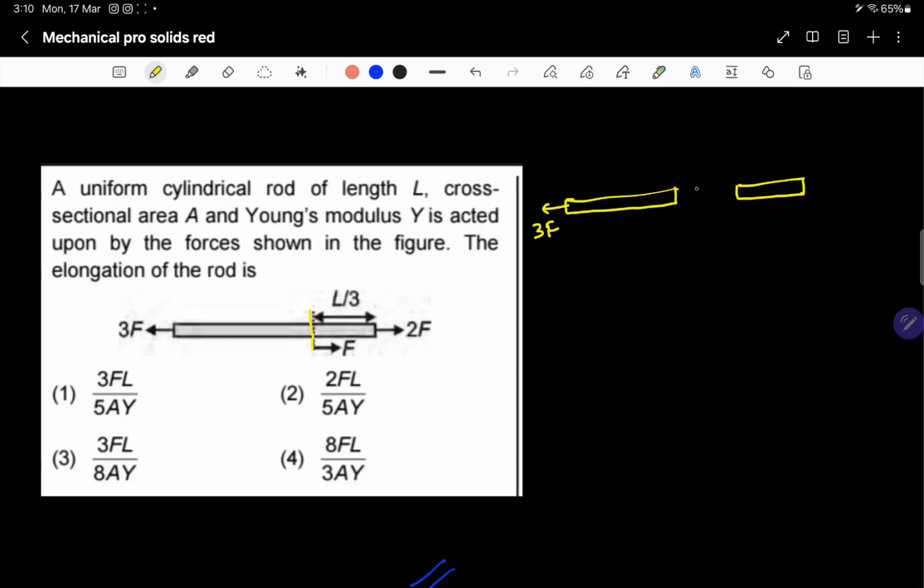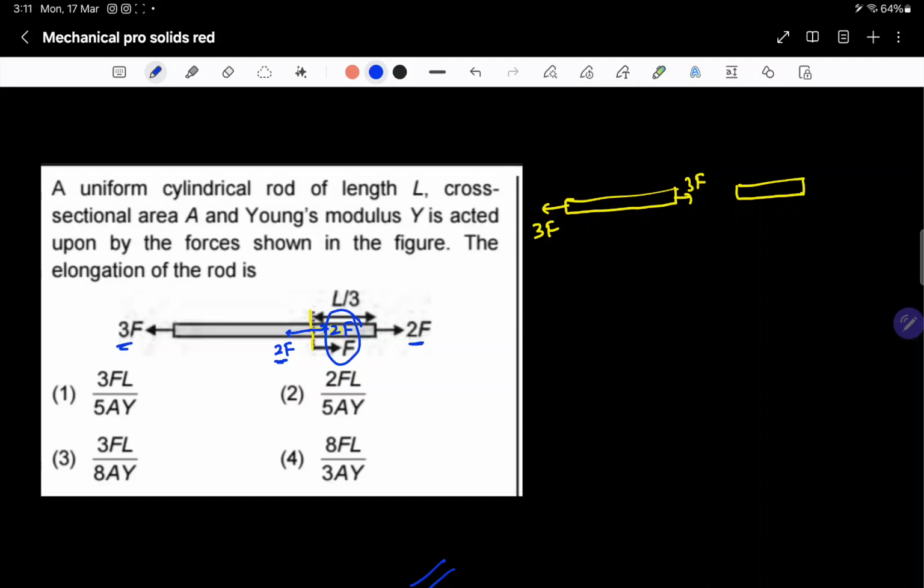For every action there is an equal and opposite reaction, so it must be 3F here only, students. Any doubt, check here. Here F force on the right side means there must be 2F on the right side. So 2F, F, 3F on the right side. So this 2F on the right side, in the equilibrium condition, must be 2F on the left side also. So this 2F is balancing here, and this 3F is completely balanced here.